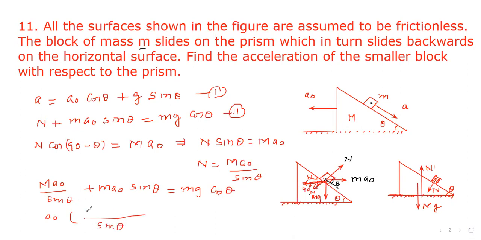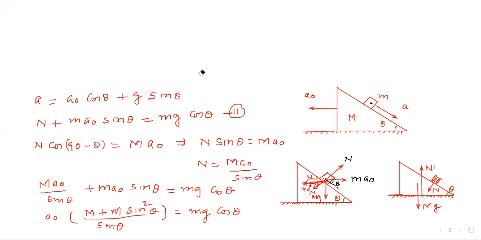Then this will become (capital M plus small m sine square theta) A0 equal to mg cos theta sine theta. So A0 equals mg cos theta sine theta divided by capital M plus small m sine square theta.